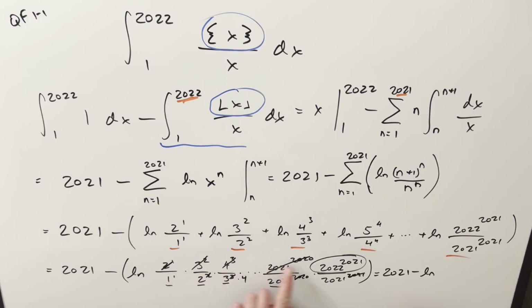Then we're left with everything in the numerator canceled out except for this one term, so it's going to be 2022 to the 2021. And then in the denominator, look what we have: 1, 2, 3, 4, all the way to 2021. You reverse that, and that is 2021 factorial. So for my final solution, we just get 2021 minus natural log of 2022 to the 2021 over 2021 factorial.